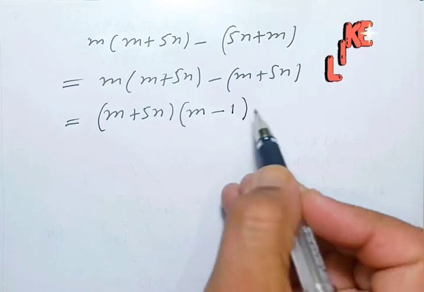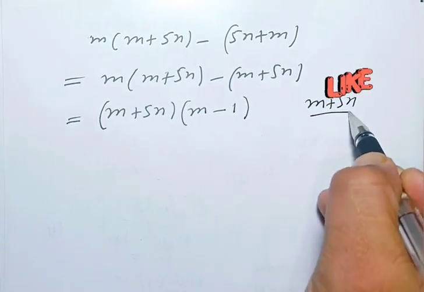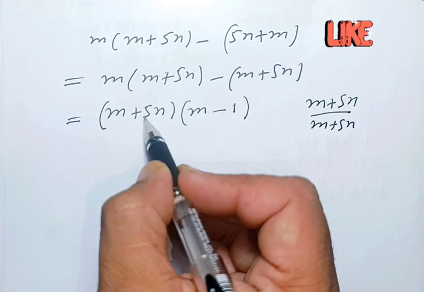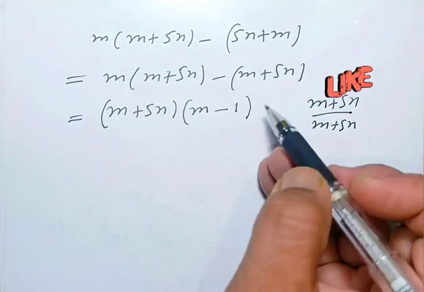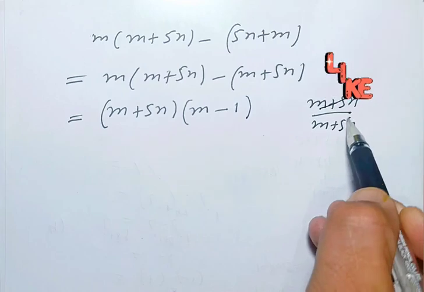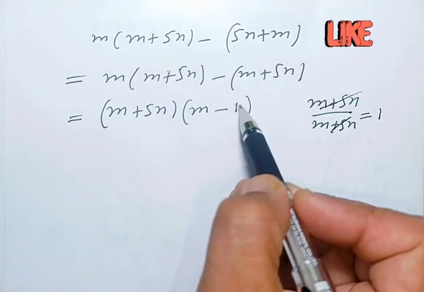Remember, m plus 5n divided by m plus 5n. Remember this common factor, and whatever remains we leave inside the bracket. So have a look here, you cancel out, only left 1.